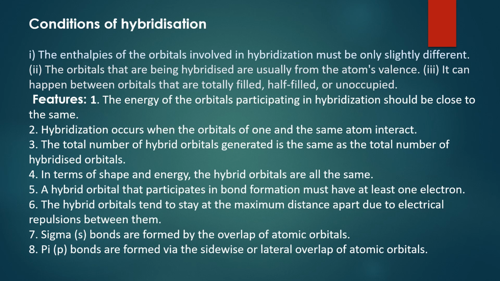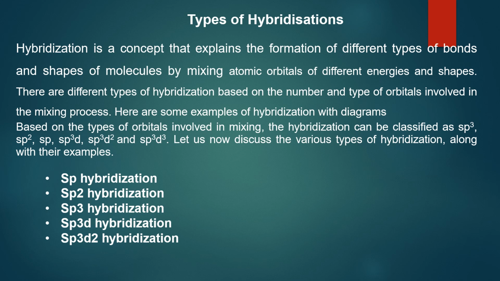Let's go to the next one. We can look at the different types of hybridizations. Hybridization is a concept that explains the formation of different types of bonds and shapes of molecules by mixing atomic orbitals of different energies and shapes. There are different types of hybridization based on the number and type of orbitals involved in the mixing process. Here are some examples of hybridization with diagrams.